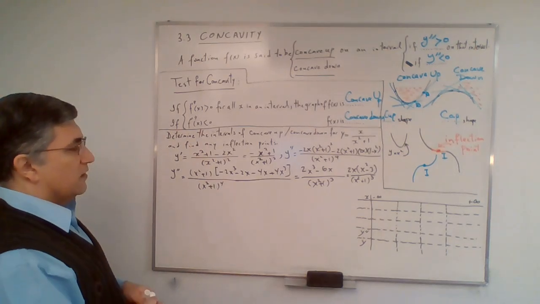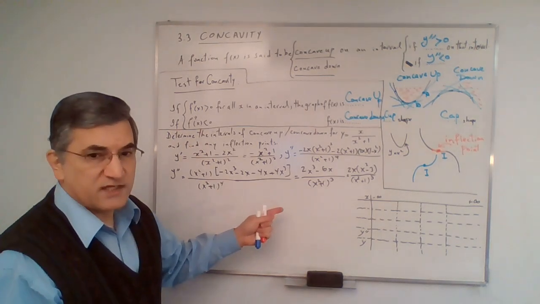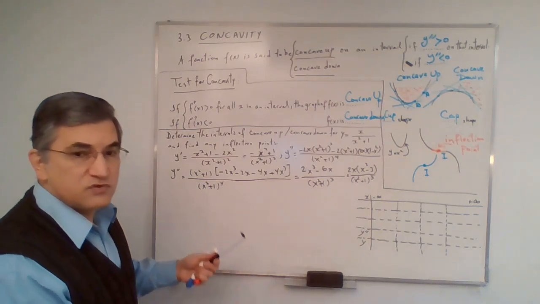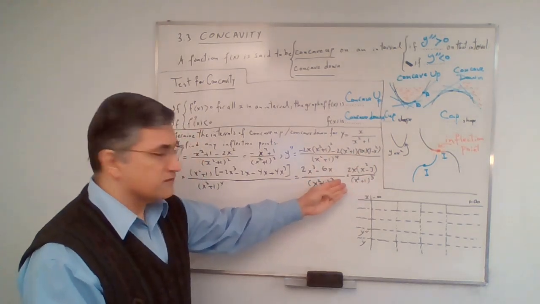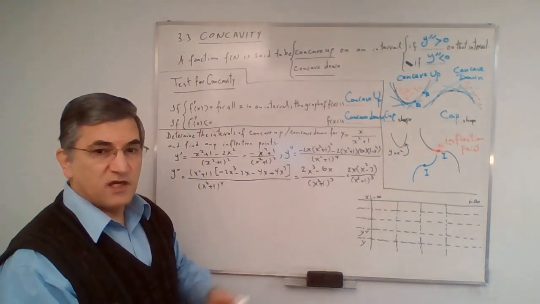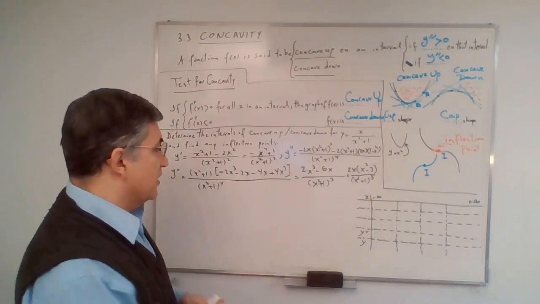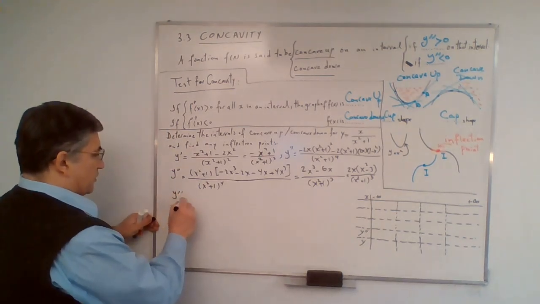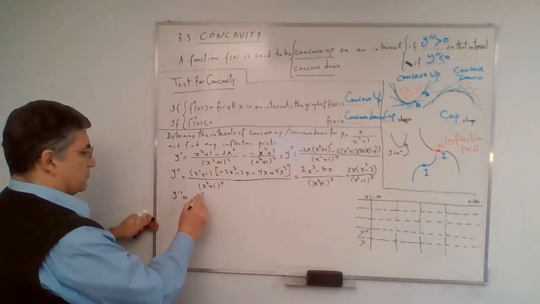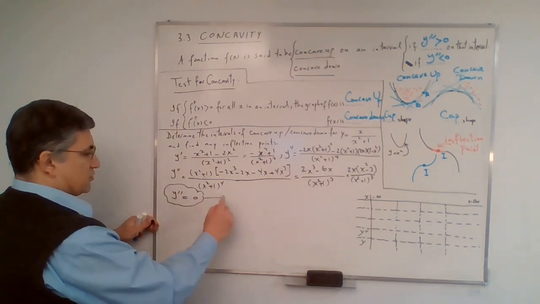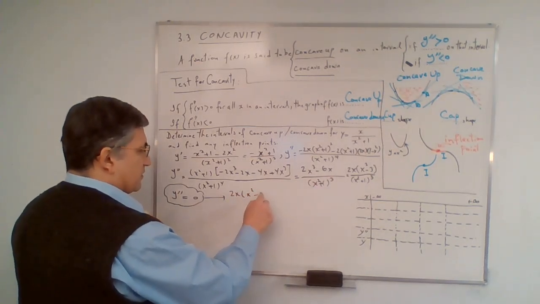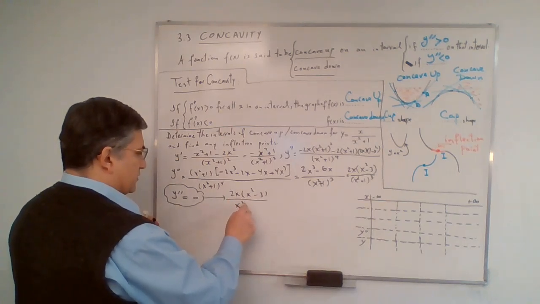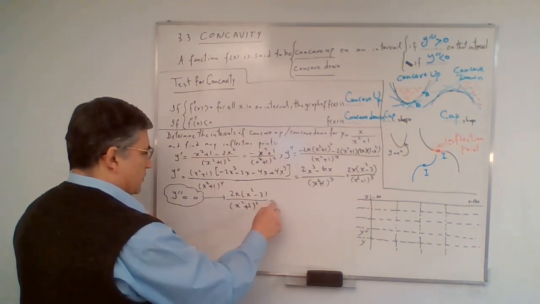And now, in order to determine the sign of this second derivative, I have to set it equal to 0 because I want to find out over what interval this giant rational expression is positive and over what interval it's negative. So for this purpose, we always set the second derivative equal to 0. I put in a bubble because of its importance. And then I'm going to set the second derivative I got earlier equal to 0.